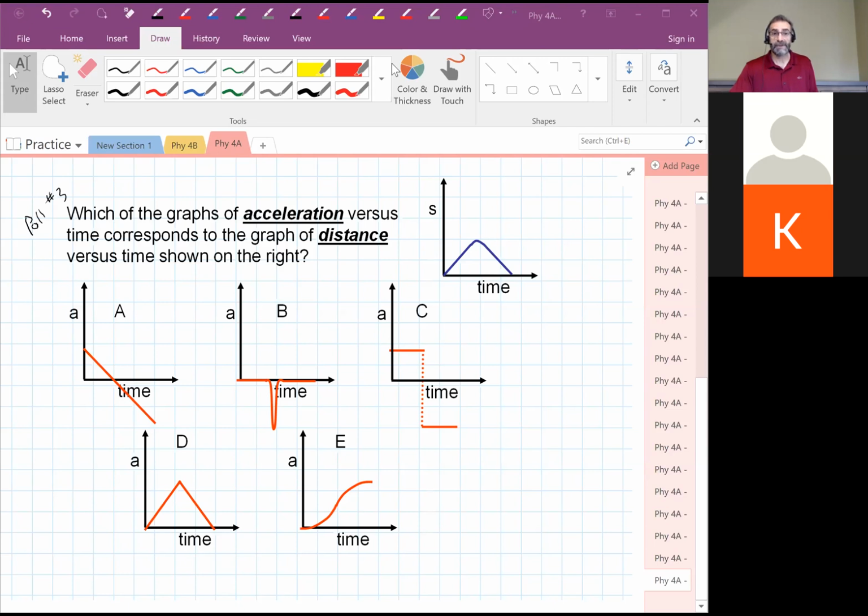If it helps, do the intermediate one. See if you can find the right velocity versus time graph, and then from there, find the acceleration versus time.